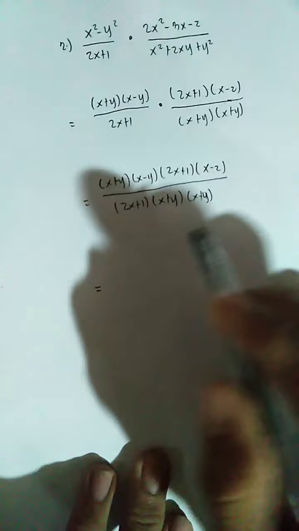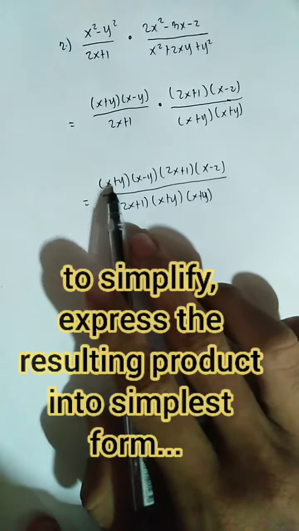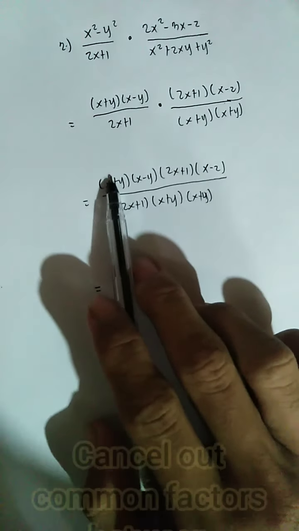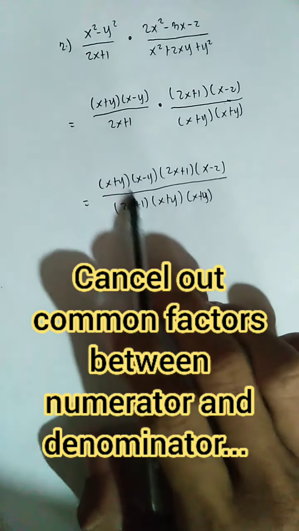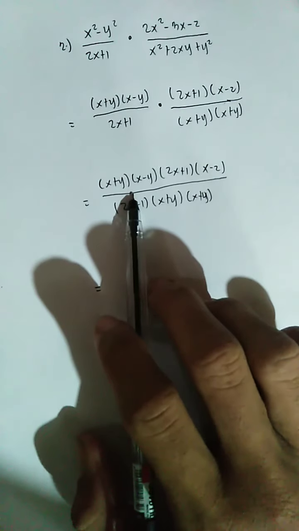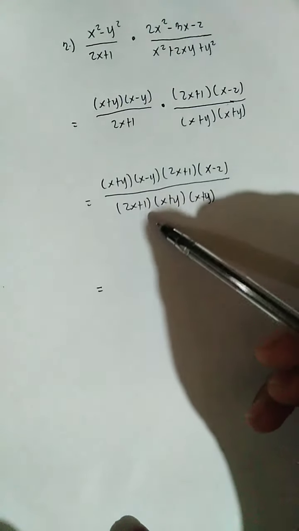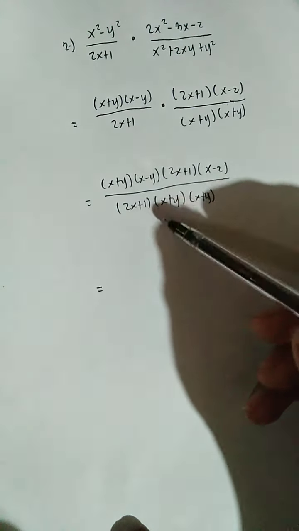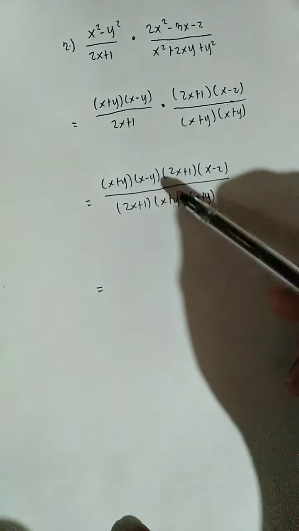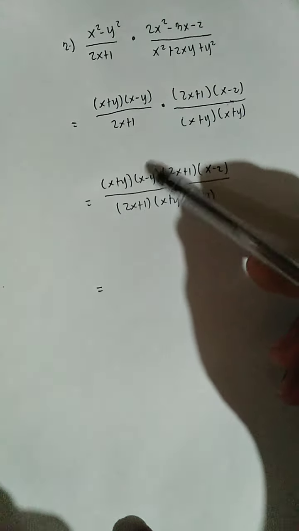Okay, so let us simplify. In simplifying this one, we can observe that there are common factors between the numerator and denominator, so we can cancel out those factors which are common. The common factors between the numerator and denominator are 2x plus 1 and x plus y. Again, you have to cancel out factors which are common to both numerator and denominator.